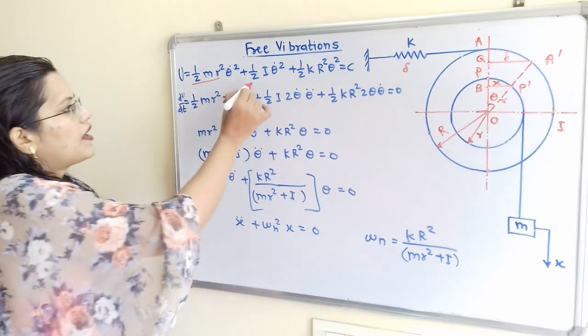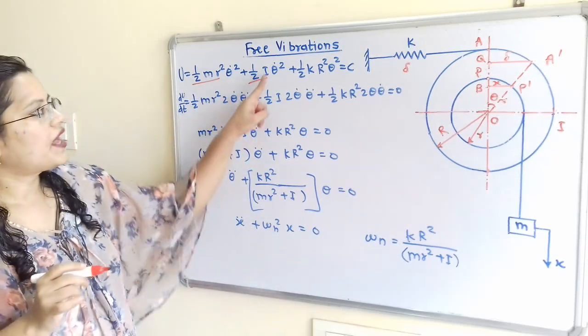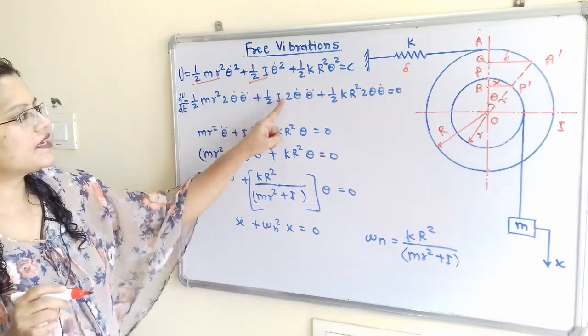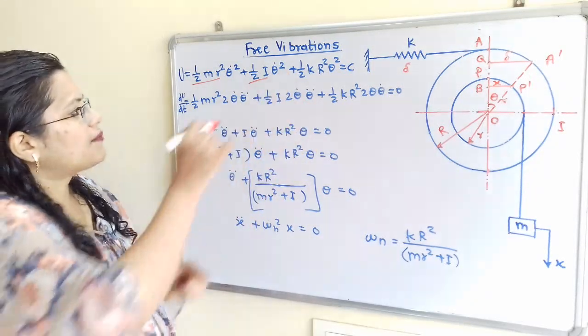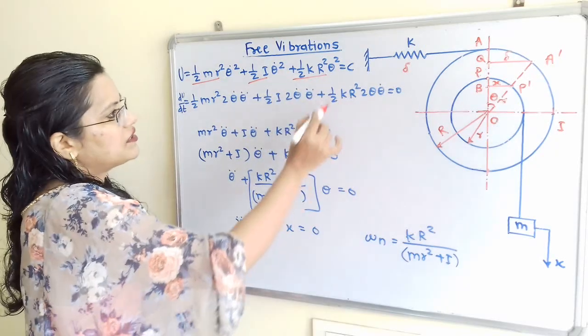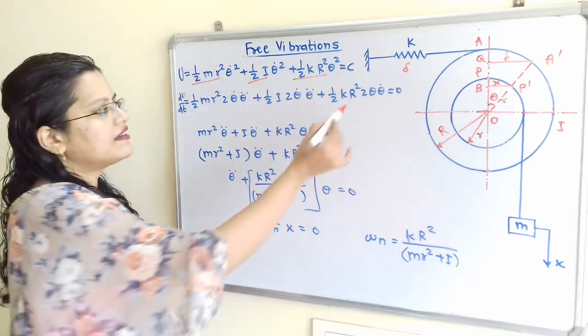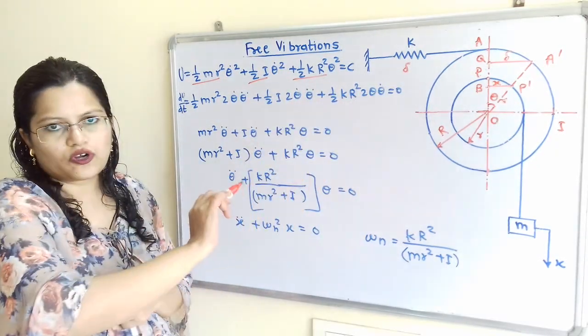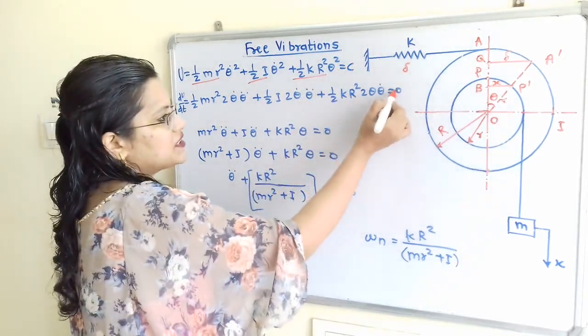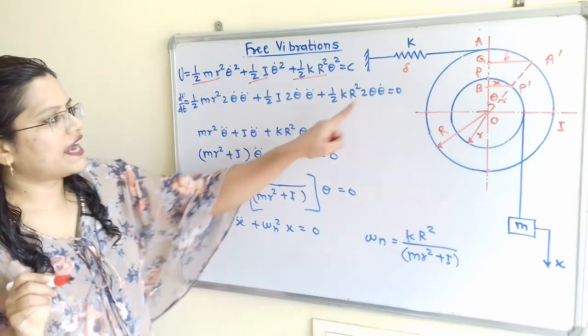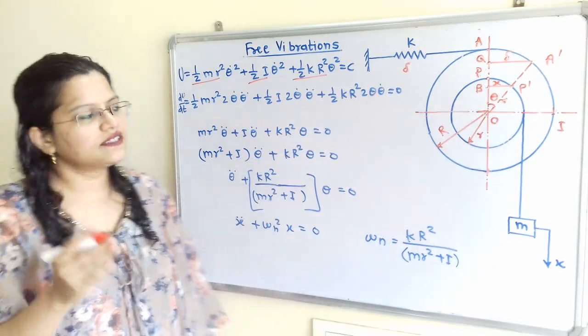In the second term half I is a constant term, and for theta dot square we will write 2 theta dot into theta double dot, plus half k r square is a constant term, and for theta square we will write 2 theta into theta dot, and it is equal to constant. A constant has differentiation 0. So on the right hand side we will write 0.